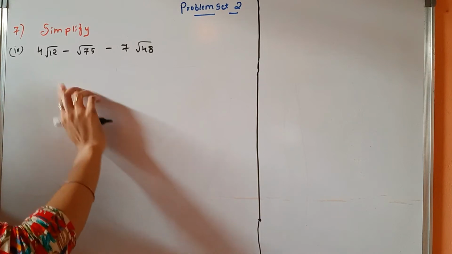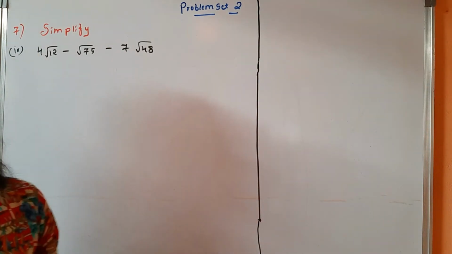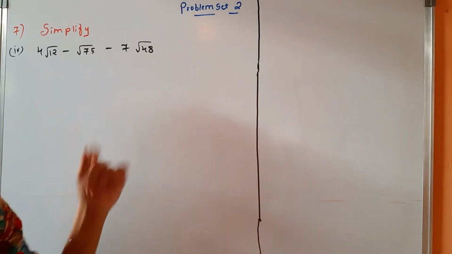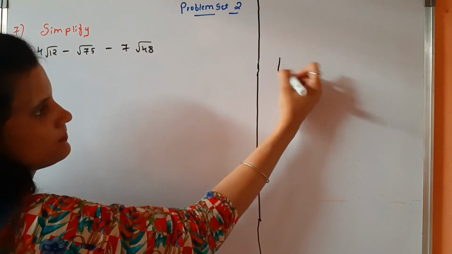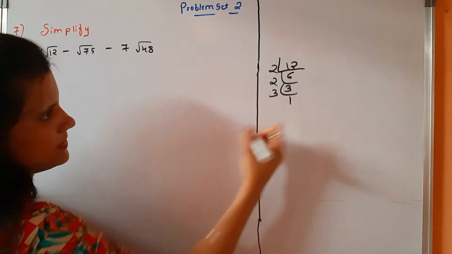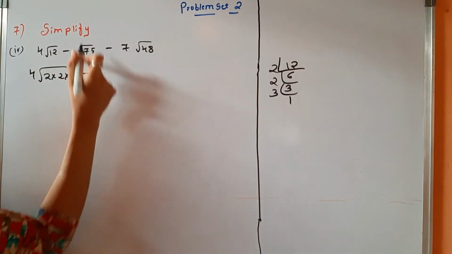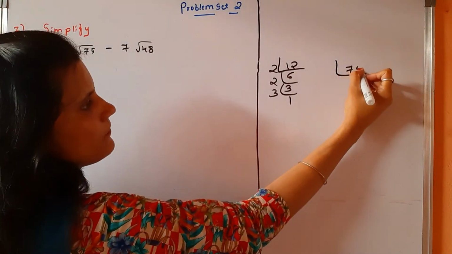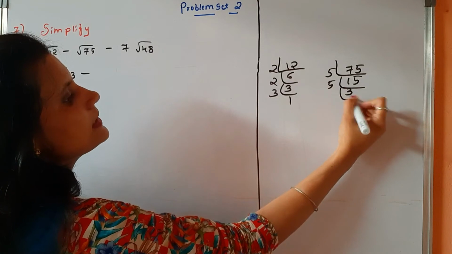Our fourth sum: 4 square root of 12 minus square root of 75 minus 7 square root of 48. Students, by now you must have understood which method to follow to solve this. Will do quickly. 12 prime factor: 2 6 2 3 3 1. Okay, we got 4 square root of 2 into 2 into 3, minus root 75. 75 prime factor: 5 15 5 3 3 1.